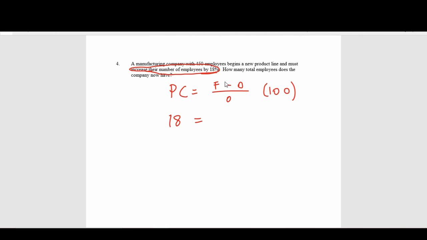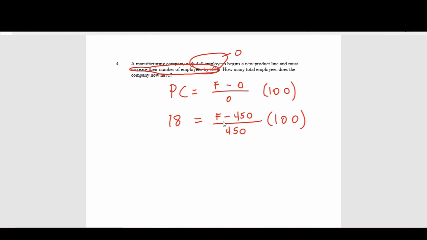The final amount's what we're asking for, so it's going to be F. Right now, the company has 450 employees, so that's our original amount. So we're going to go F minus 450 over 450 times 100.